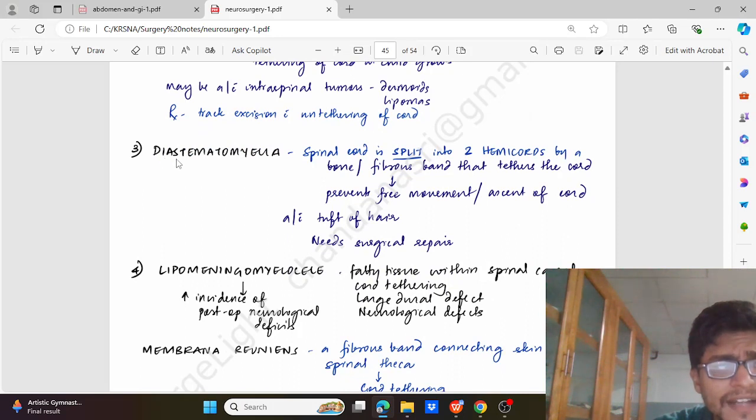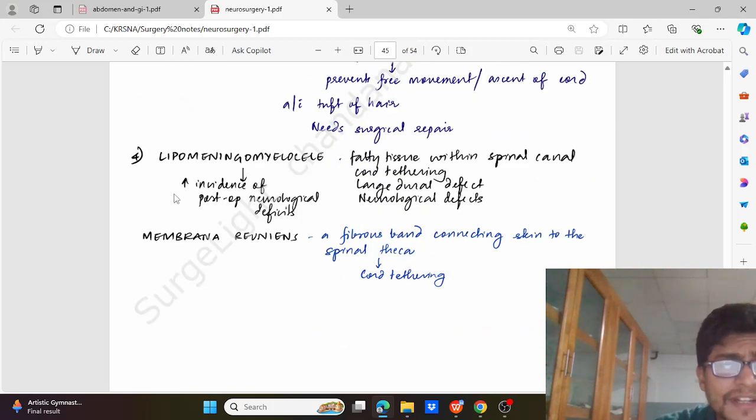Now we see diastematomyelia, that is the spinal cord split into two hemicords by a bone or fibrous band that tethers the cord and prevents free movement or ascent of the cord. It is associated with a tuft of hair and needs surgical repair.